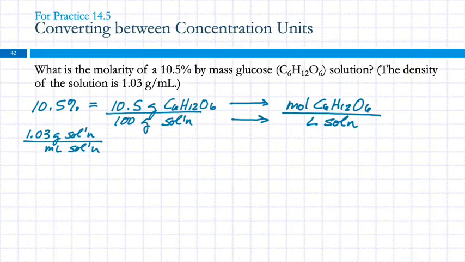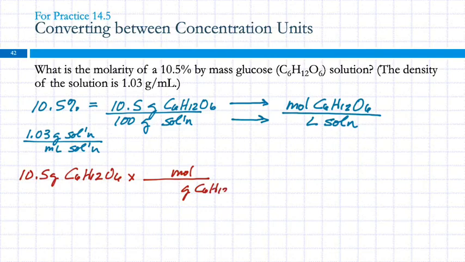Because the people who can do this one can do it without me showing them how. So I'm going to take the 10.5 grams of glucose, and I'm going to convert to moles, just by itself. So I want moles of glucose on the top and grams of glucose on the bottom. And so for this, I need the molar mass of glucose, which, one of these years I'll get that memorized, but not just yet. 6 times 12.01 plus 12 times 1.008 plus 6 times 16.